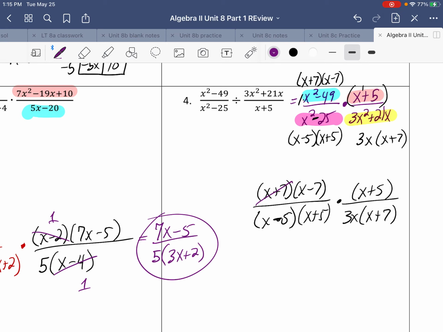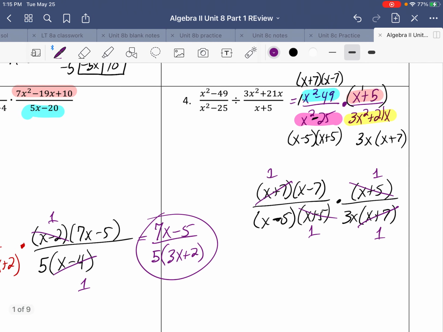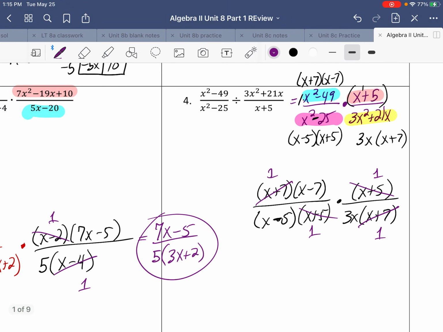Looking at our numerators, we have an x plus 7, denominator x plus 7, I'm going to write 1s, x plus 5, x plus 5, simplify, that's the same thing divided by itself. And that is it. Rewriting what we have on the numerator, we have 1 times x minus 7 times 1 is x minus 7. The denominator, we have 3x times x minus 5.